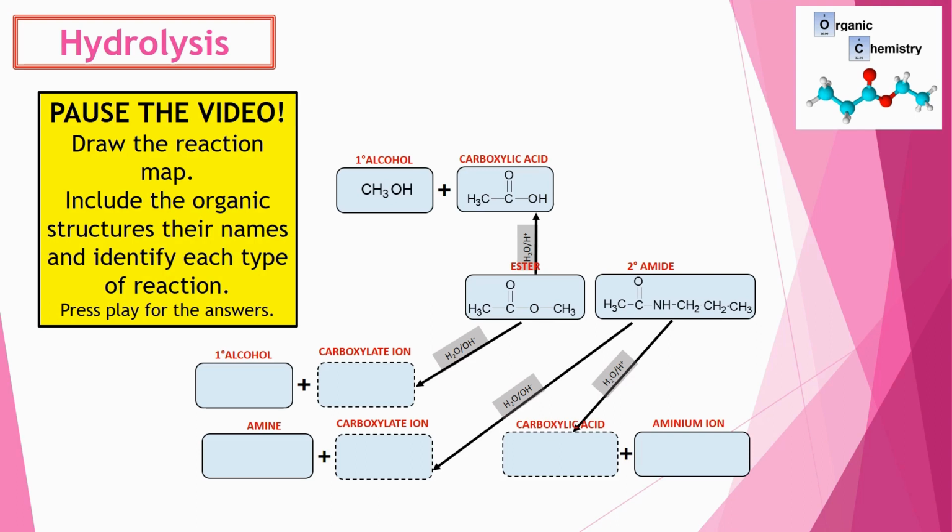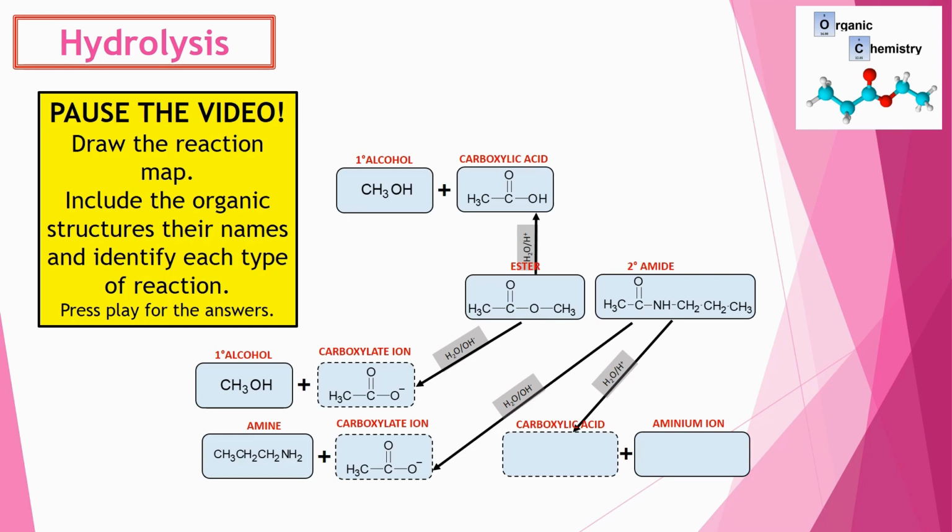Base conditions, of course, this is no longer carboxylic acid, this is the ethanoate ion, but we still produce the same methanol. For this amide here, we can see if we break it down the middle here, the carboxylate part here is going to be ethanoate ion, and the amine here is going to be propanamine, or propan-1-amine.